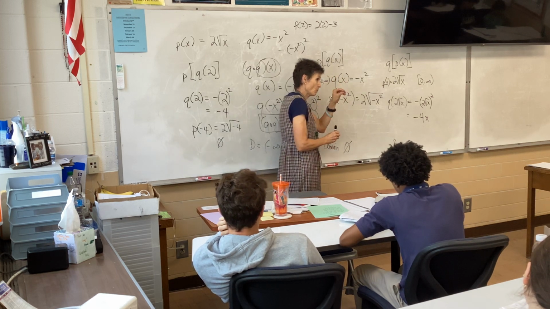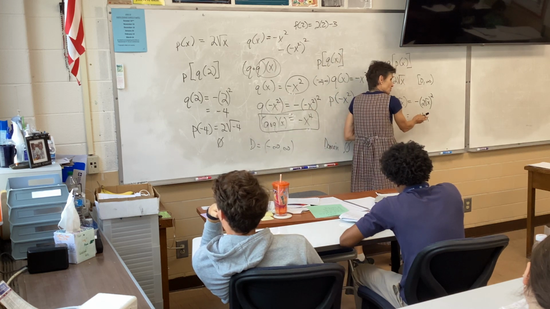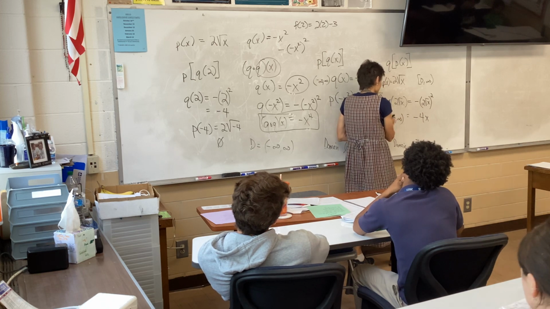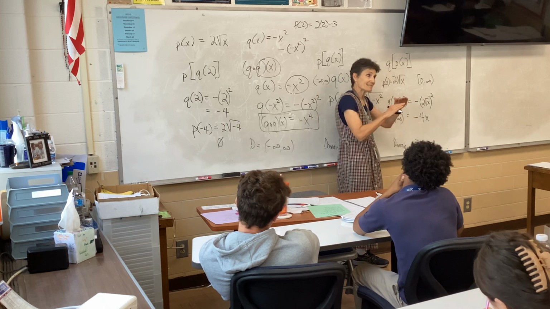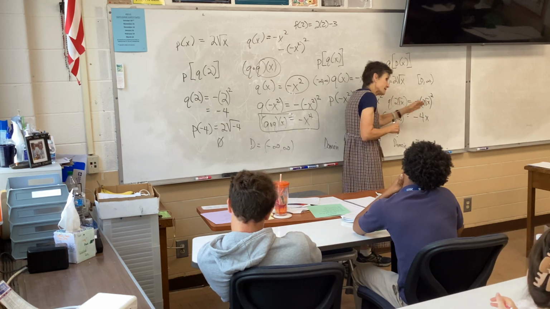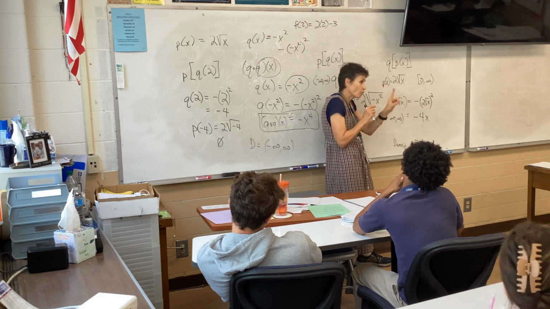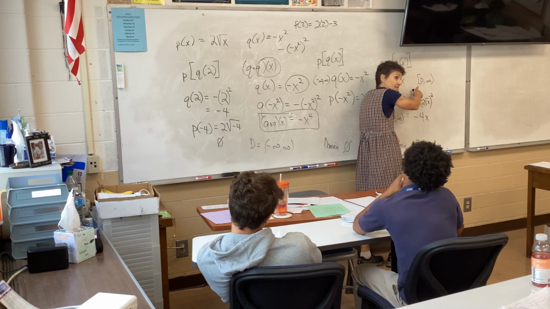Now, if you were walking down the hallway and you found this function right here, wouldn't you tell me the domain is all real numbers? That's a linear function. The domain is everything. But it isn't. I mean, it is for this one, but not in the context of the problem. Because from the beginning of the problem, we said we were only allowed to have x's that are 0 and above.